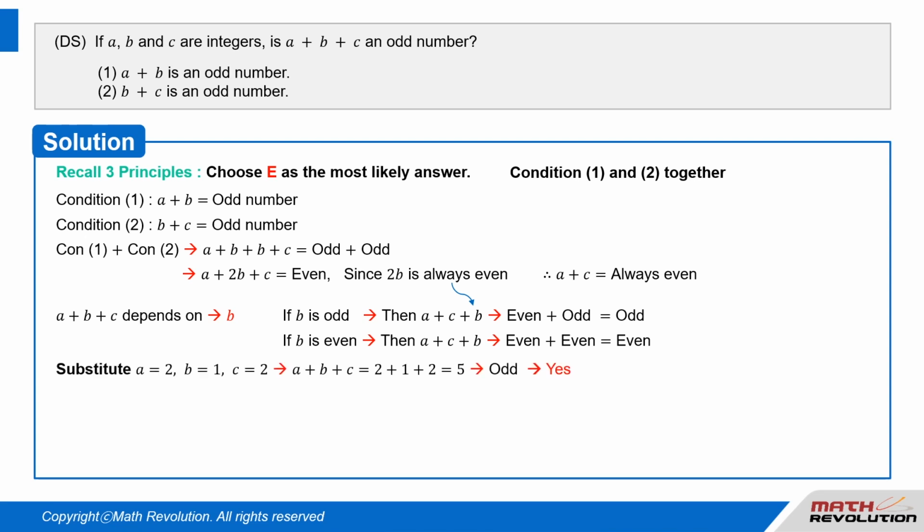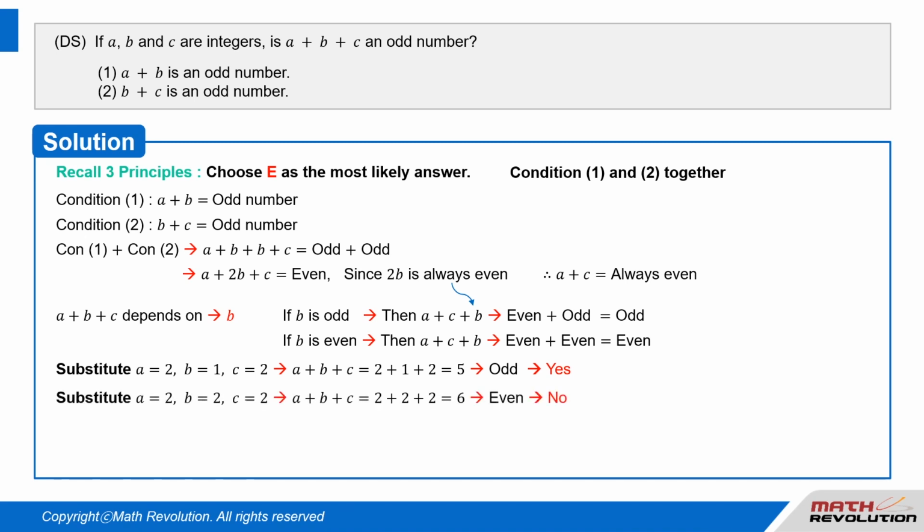To prove this, we will substitute in some numbers. First, let's make B an odd number and substitute in A equals 2, B equals 1, and C equals 2. Then we get A plus B plus C equals 2 plus 1 plus 2 equals 5, which is odd, or yes.